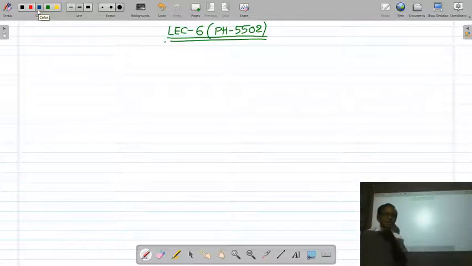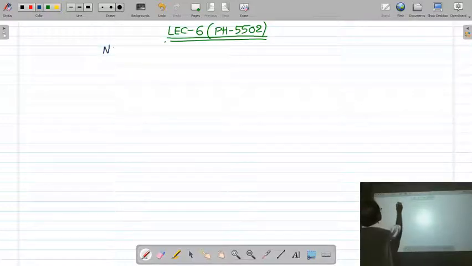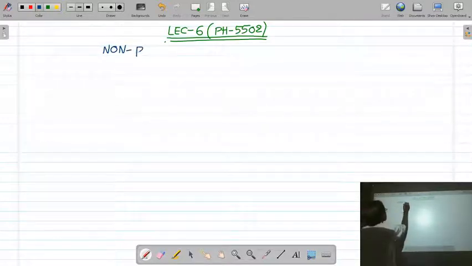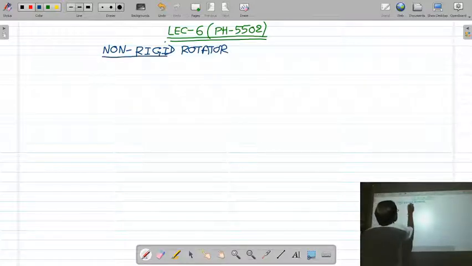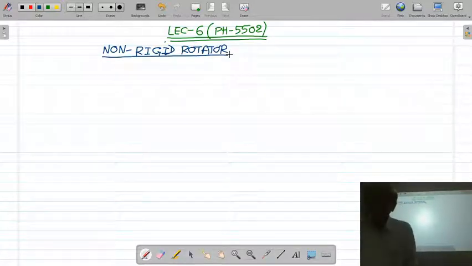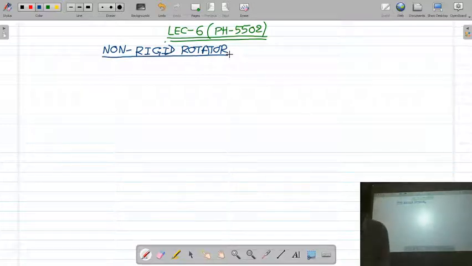So today we will take the last lecture of this chapter, rotational spectra, in which we have to cover 2 small articles, non-rigid rotator and isotope effect.